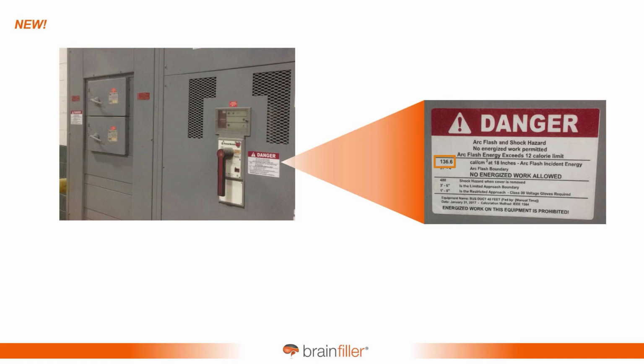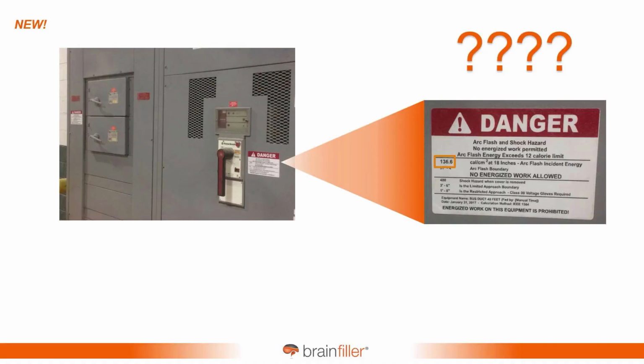And the answer is de-energize, establish an electrically safe work condition. Great, makes sense to me, except part of establishing the electrically safe work condition is verifying absence of voltage, which means the potential hazard exists. And you have, in this case, over 130 calories per square centimeter. And you're going to go up and verify absence of voltage? Really? With over 130 calories per square centimeter?